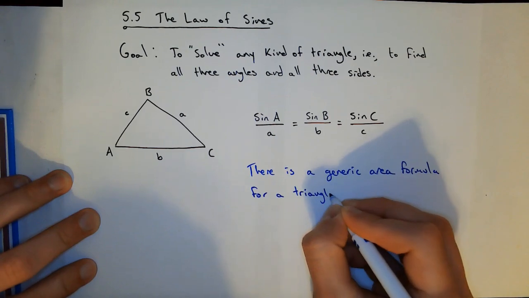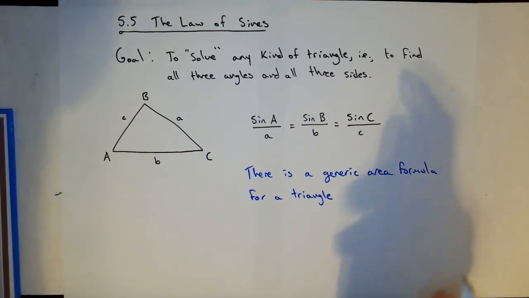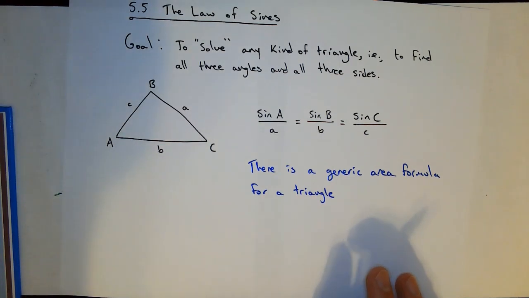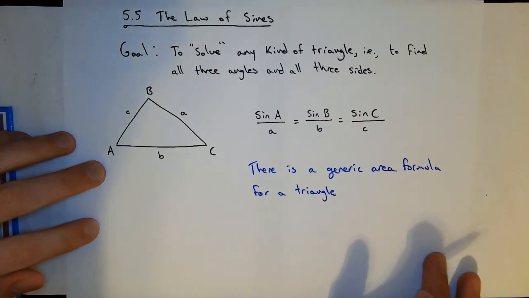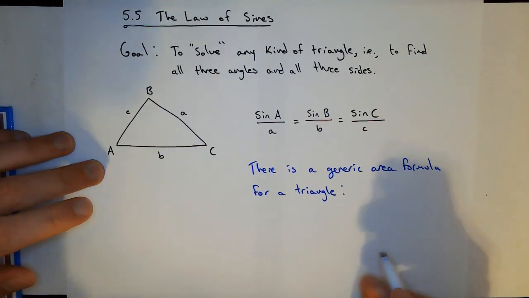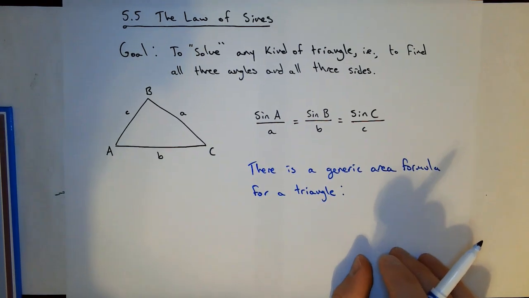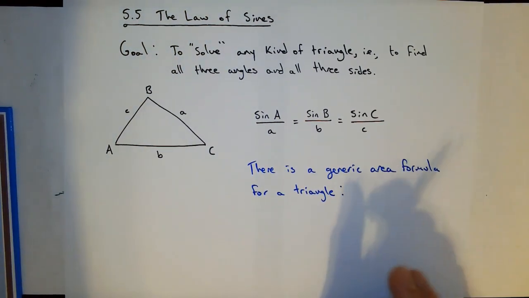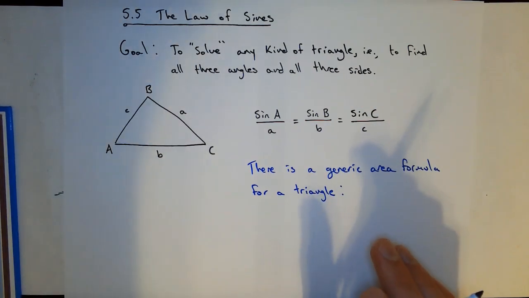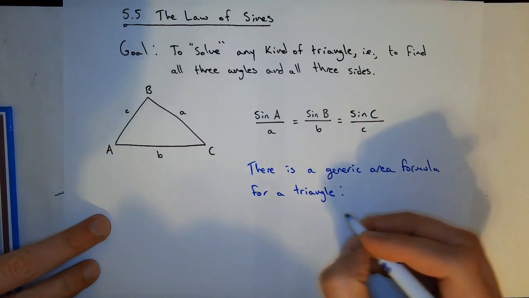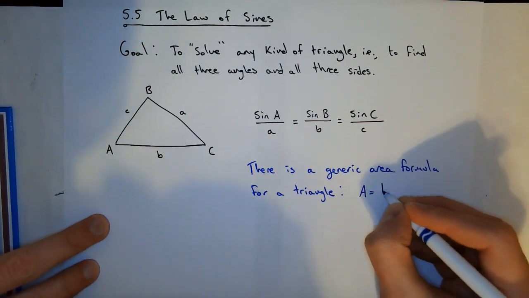You probably are thinking one half base times height, but what's the problem with that formula? You may not know the height. You may only have two sides of the triangle and it may not be a right triangle, and you may have trouble figuring out what the height of the triangle is. And the area formula is A is equal to 1/2.